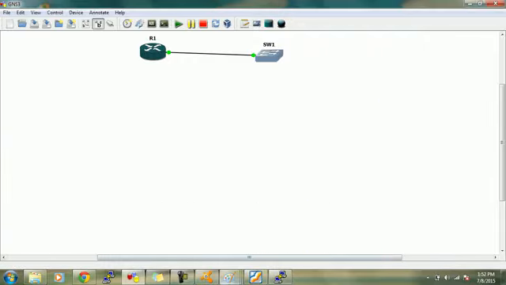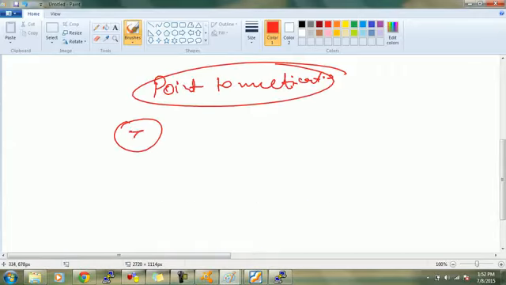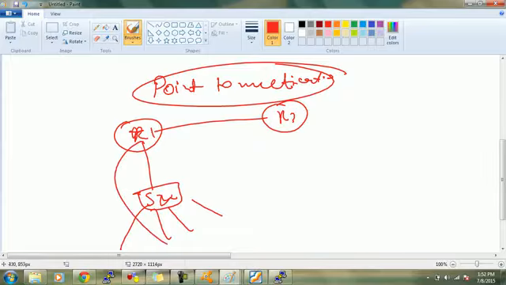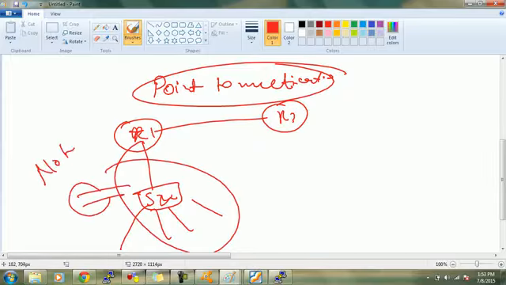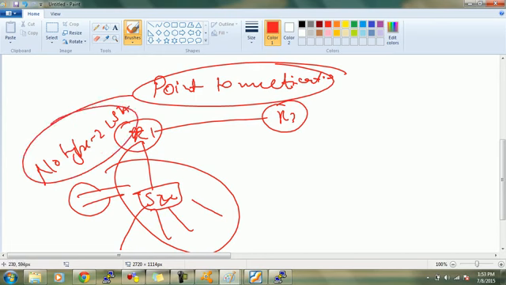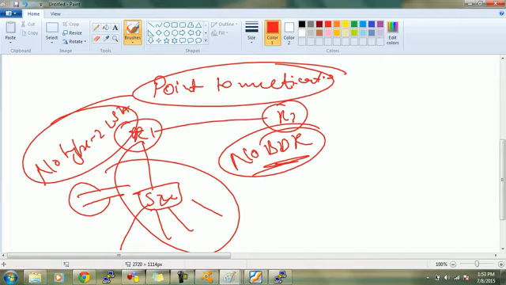It means I can conclude that if this is my scenario, R1, R2, this is a switch and here users are connected, for this network there will be no type 2 LSA, because there is no BDR. Did you understand this? Until there is a BDR, there is no type 2 LSA. I don't have anyone to give a type 2 LSA to, so why should I generate it? There is no need. Did you understand your question? In this case a type 2 LSA is never generated if only users are connected. Add one more router and it will be generated.